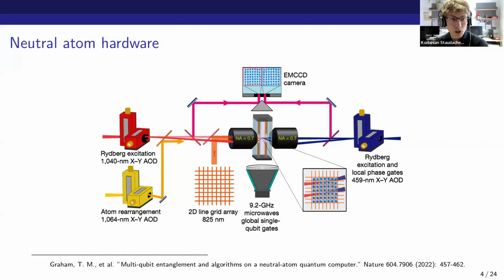And for two-qubit interactions, we usually use a two-photon transition where we excite those individual atoms here with two laser pulses, this laser pulse and this laser pulse. And we then bring the atoms into a so-called Rydberg excitation.